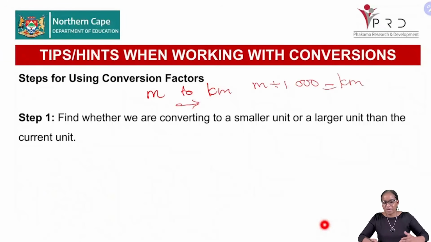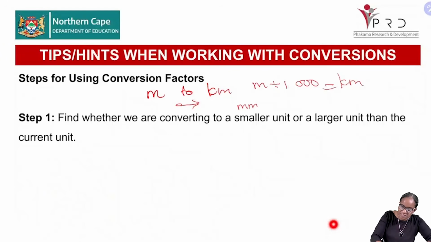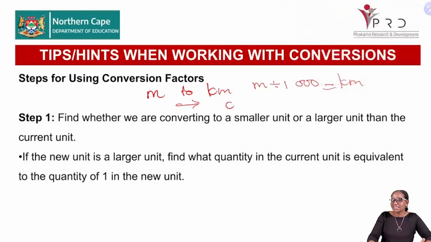Are you moving from a larger unit to a smaller unit? What do you do? You multiply. Suppose you want to change from a larger unit, say centimeters, to millimeters.